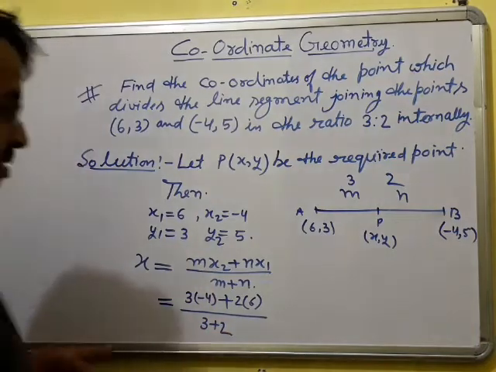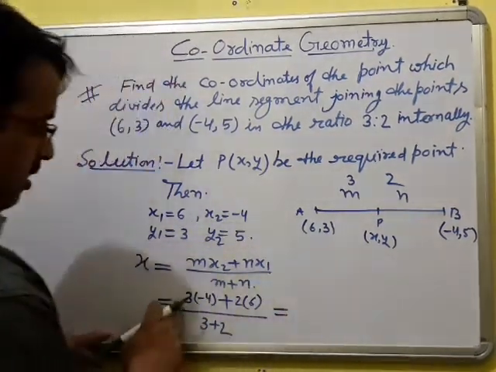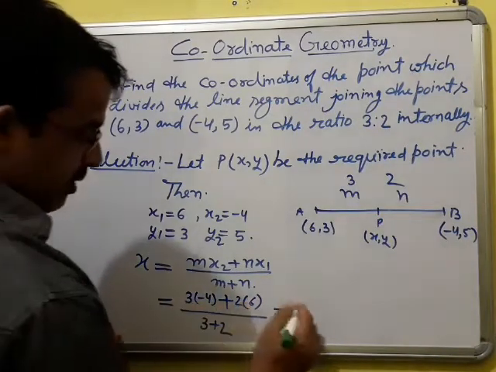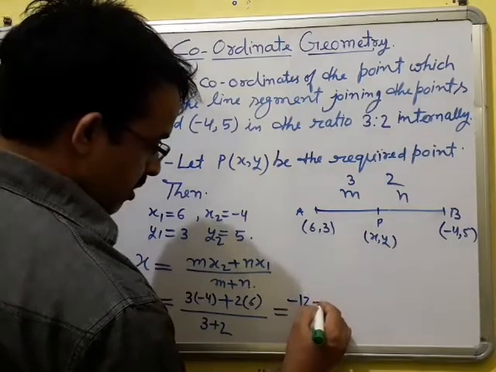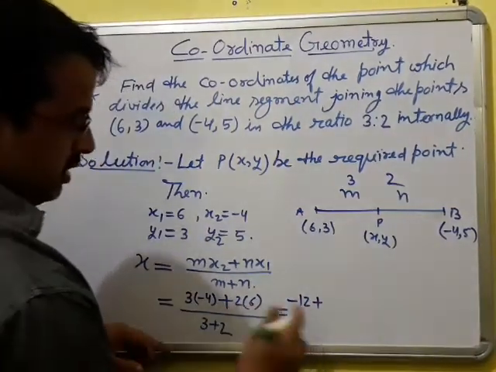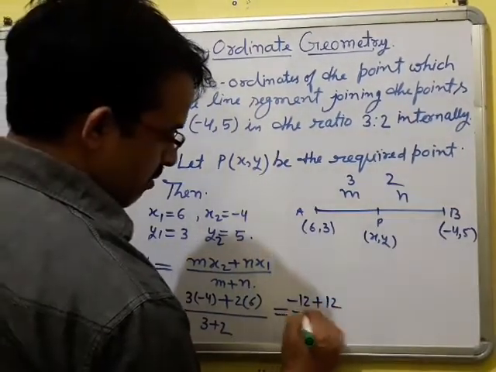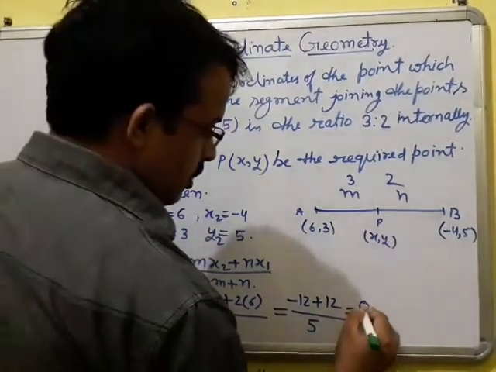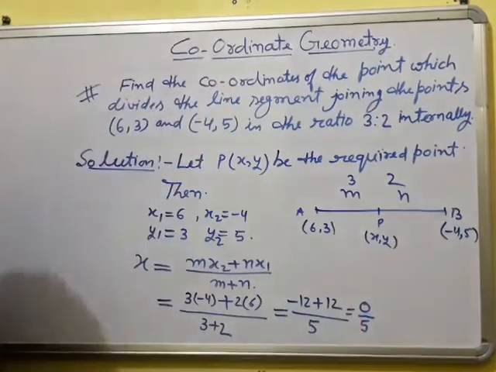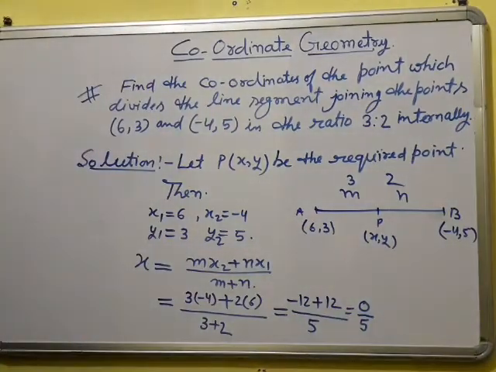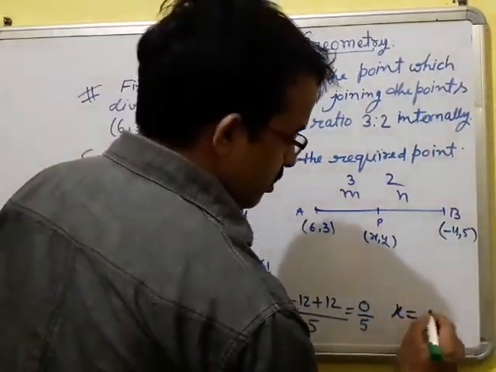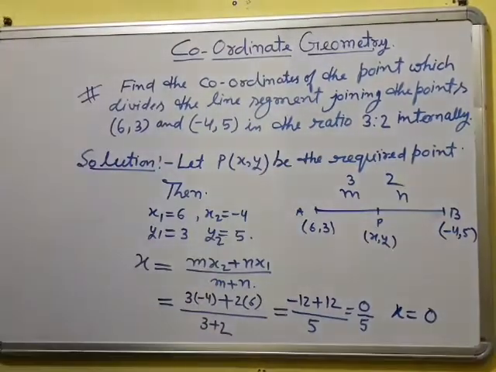Then we solve. 3 times -4 is -12, plus 2 times 6 is 12, so -12 plus 12 is 0, by 5. We get 0 by 5. So x is equal to 0. Now find y.